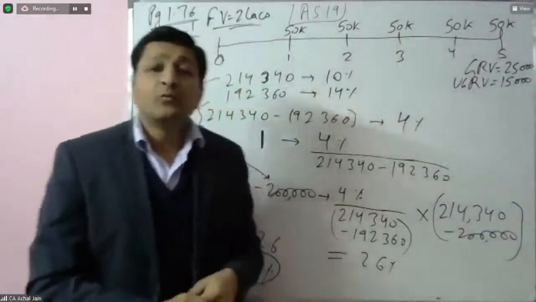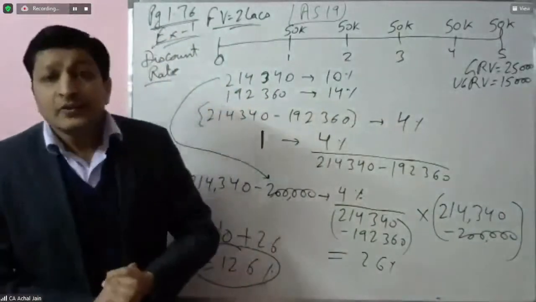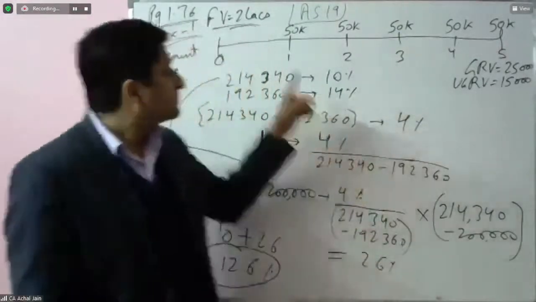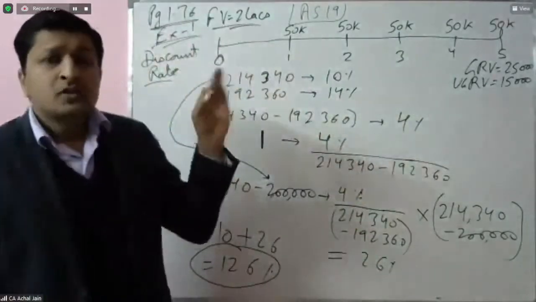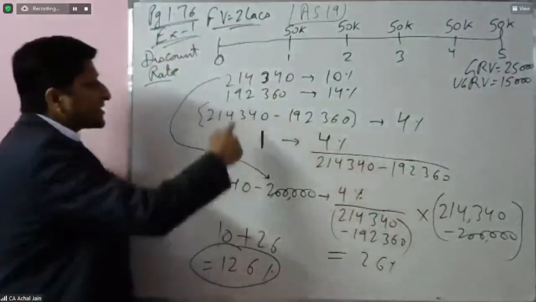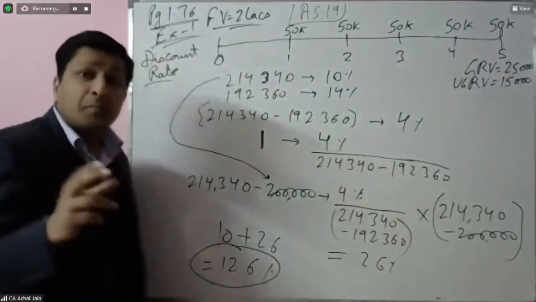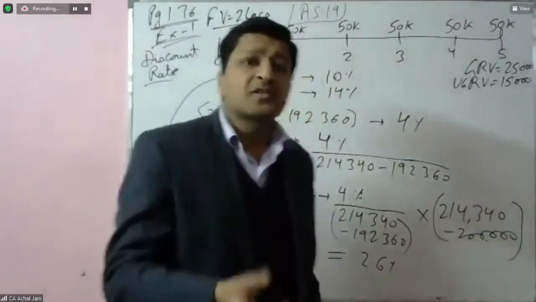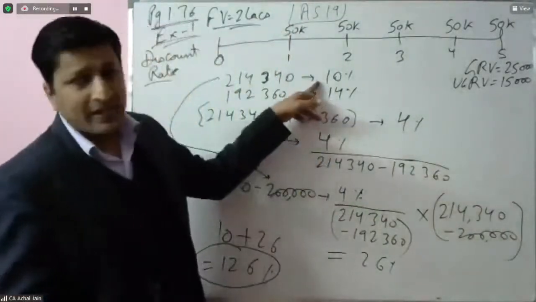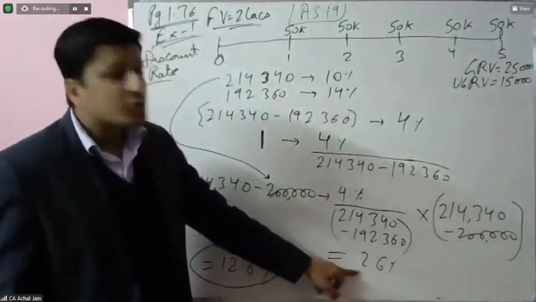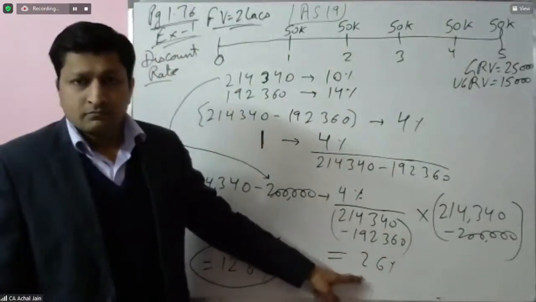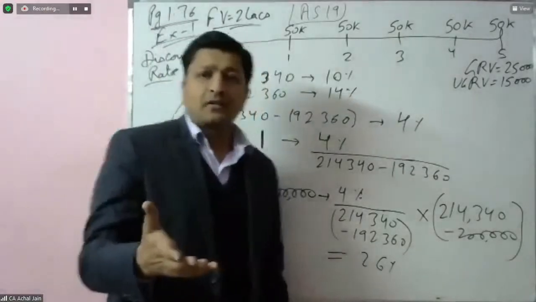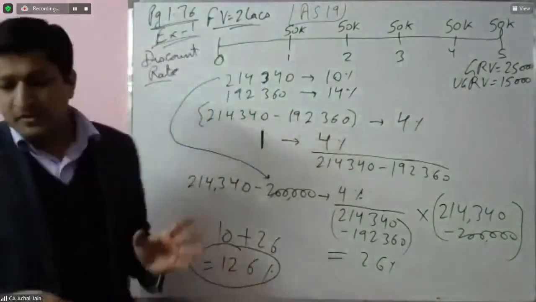Now, we need such a rate using which our present value will become equivalent to 2 lakh. Using this unitary method, we computed by what percentage we should increase this 10, and we found it is 2.6. So this 2.6 is not the rate, it's the change in the rate.